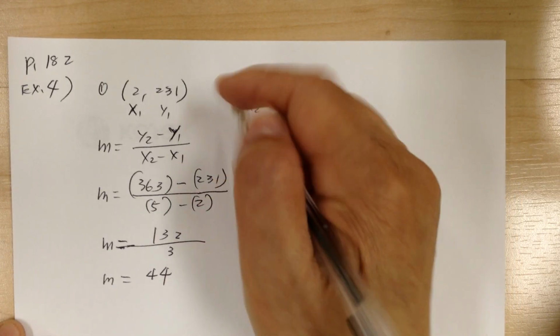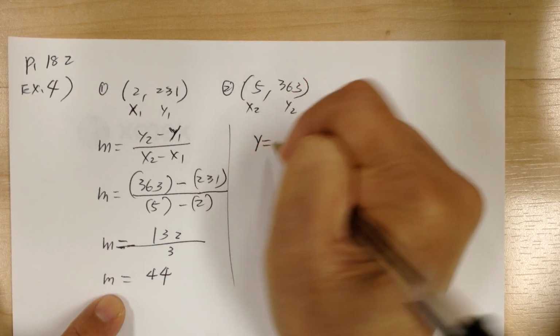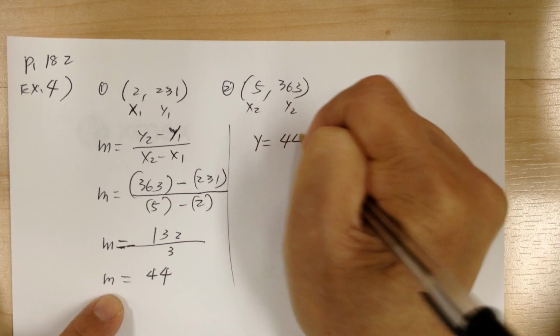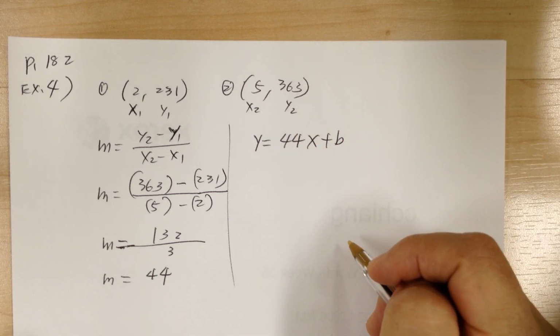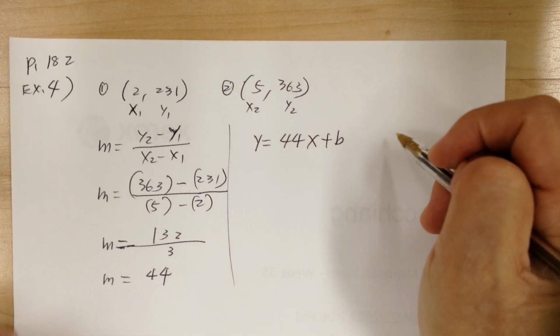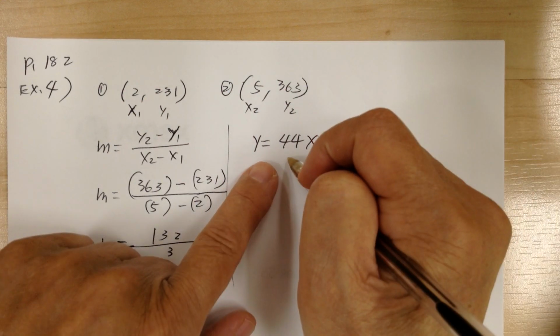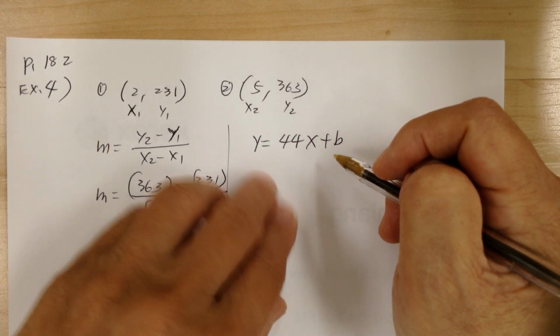Now to find the y-intercept: whenever you find the slope, you update your equation. So the equation would be y equals 44x plus b. You can use any one of the points. I'm going to go off to the side, because if I do too many steps over here, a student may lose track.